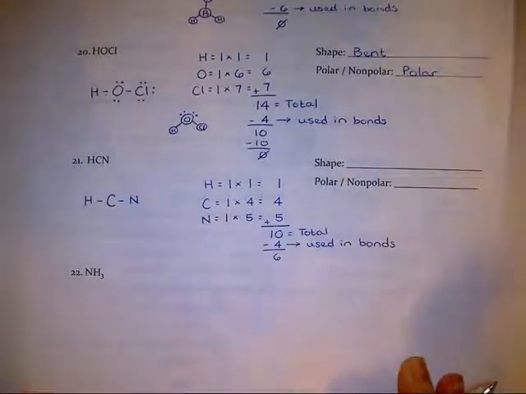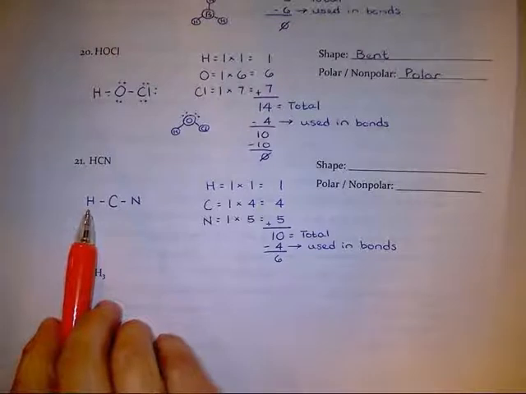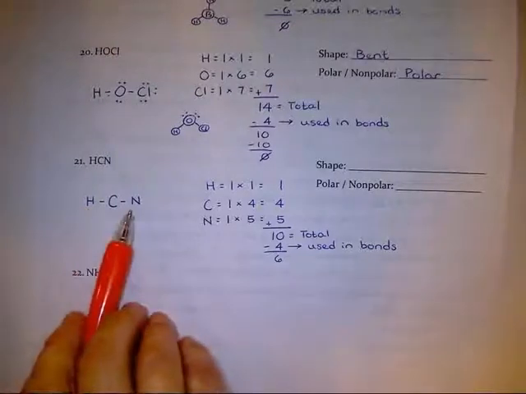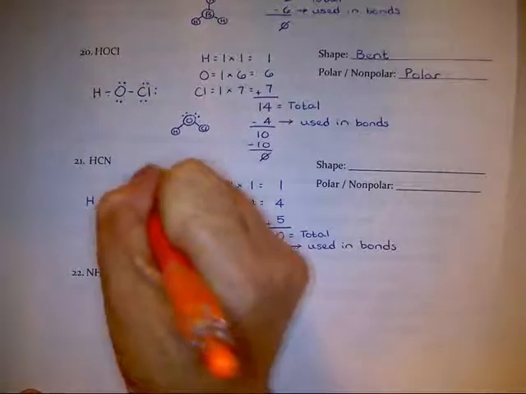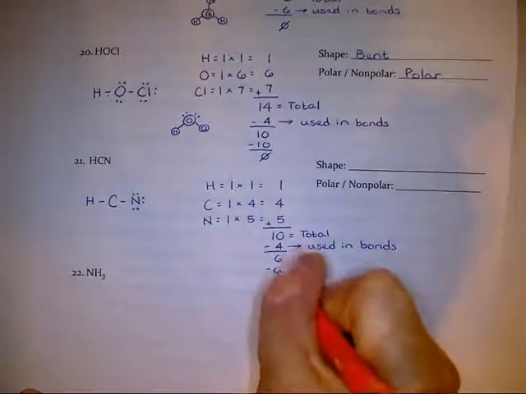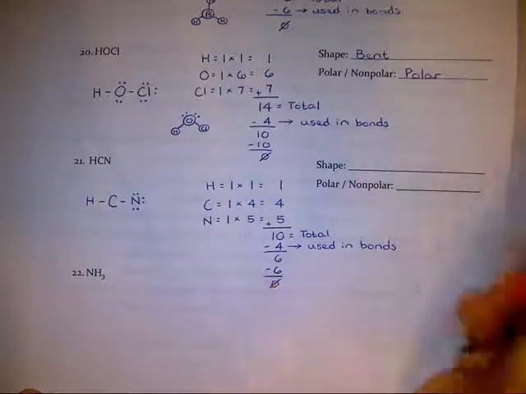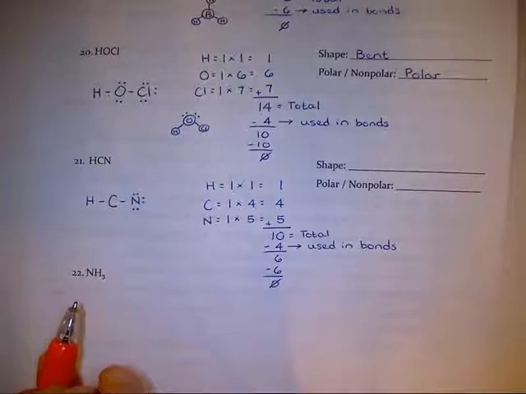Now these 6 electrons have to go on the outside. Okay? The H can't take any more, so they must go on the nitrogen. So here we go. 2, 4, 6. Alright, I've used up all 6. No more left. Alright, let's check if everybody is satisfied.